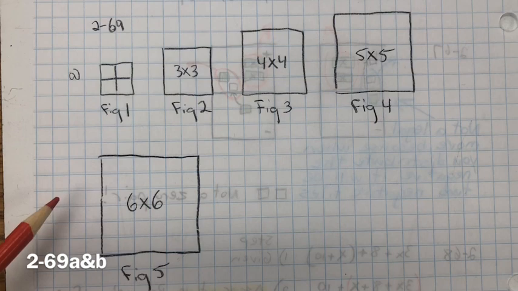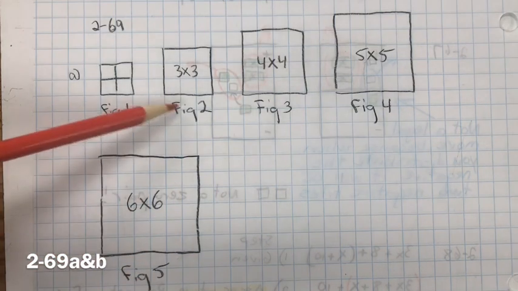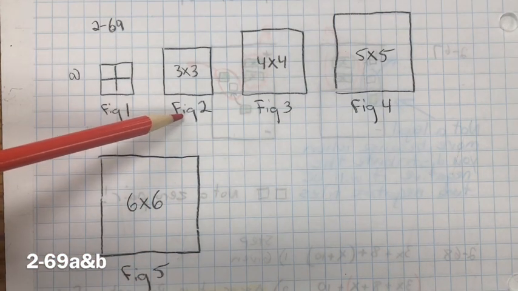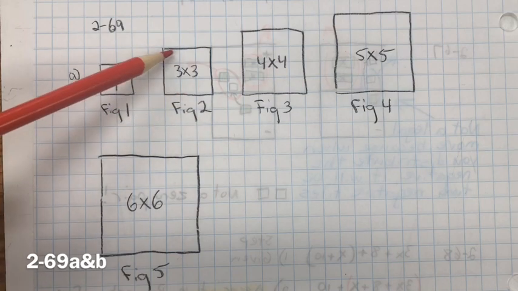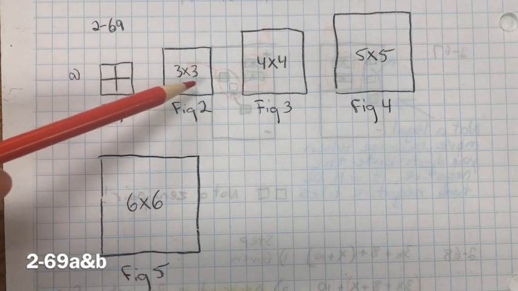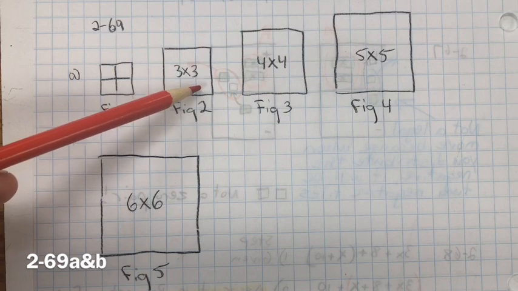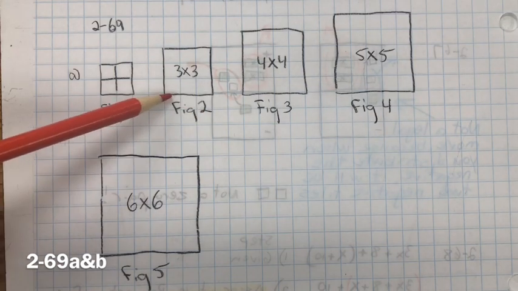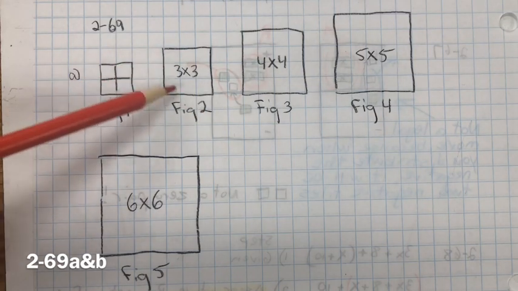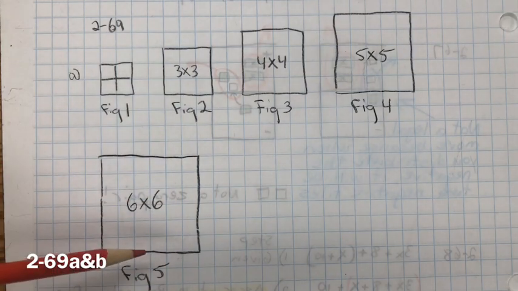For part B, you need to find what figure 10 would look like. Well, if you continue that pattern, the figure is just one more than the figure number, so the length and width is 1 more than the figure number. Figure 10 would be an 11 by 11 square.